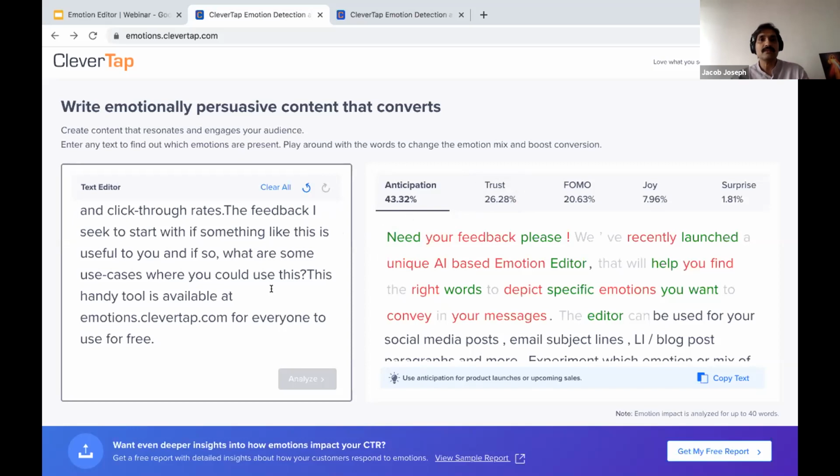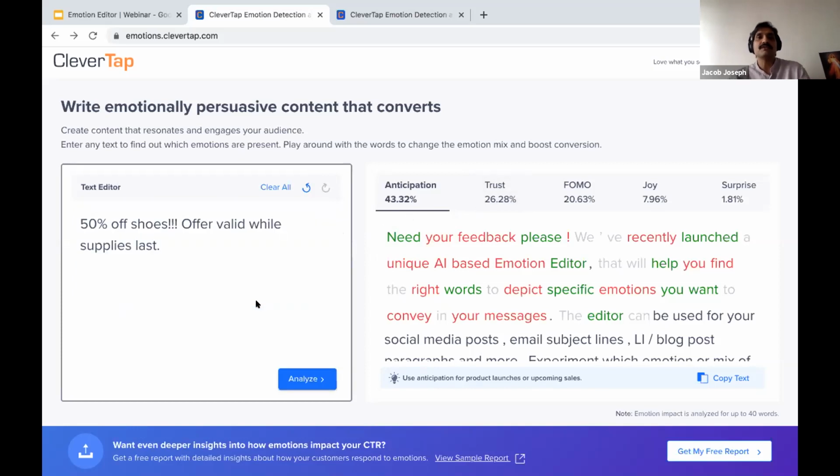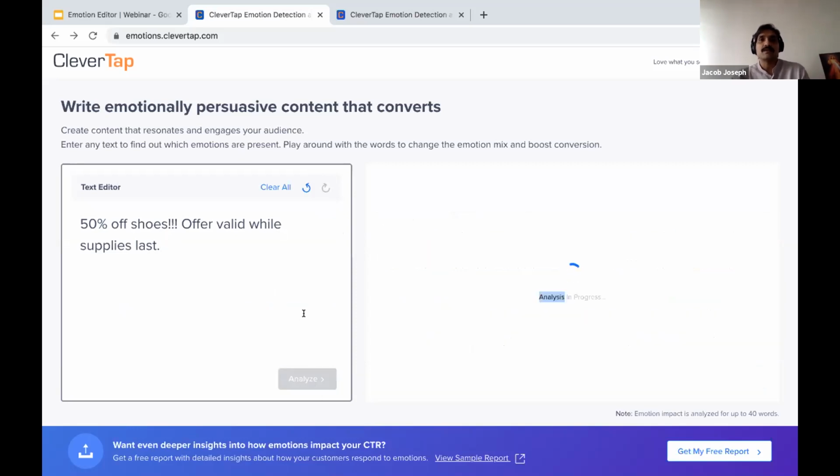Now let's look at another example wherein, suppose the marketer wants to create some FOMO. This kind of works: 50% off on shoes, offer valid while supplies last. So let's see.